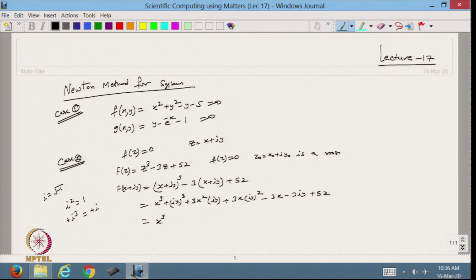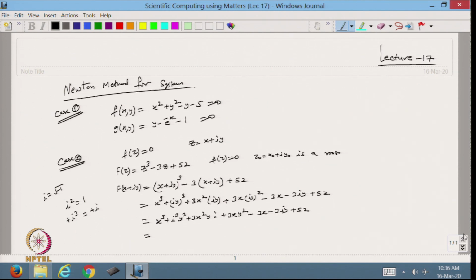From here I can write this as x cube minus i y cube plus 3x square yi plus 3x, and i square will be minus 1, so it will be minus 3x y square, minus 3x minus 3iy plus 52.